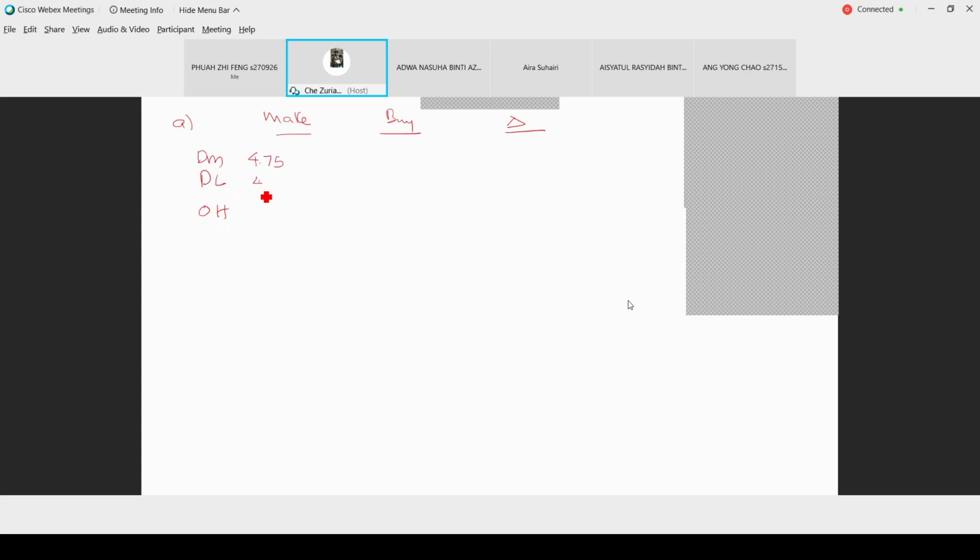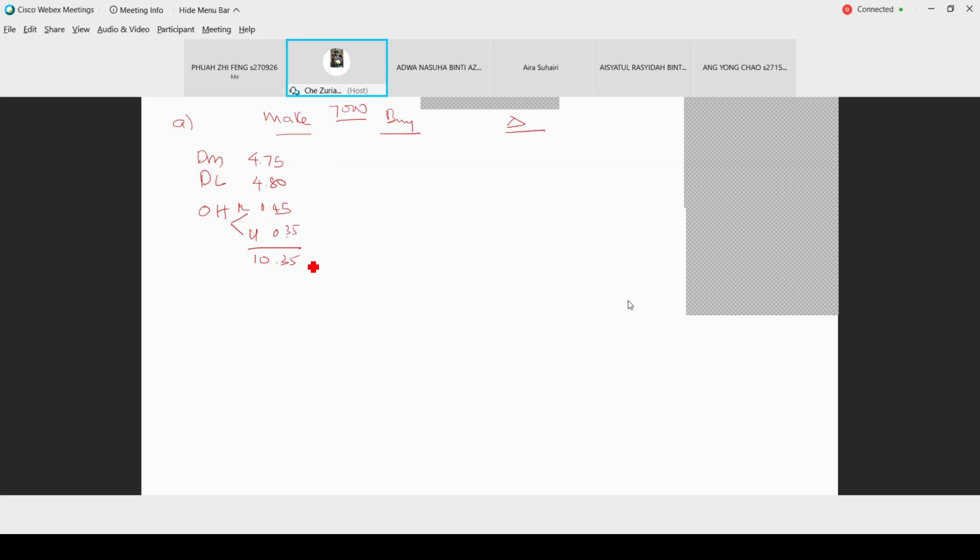Direct labor per unit is 4.8. Overhead ada 2. Indirect labor is 0.45, and one more, utility 0.35. So total variable cost is 10.35. So this one is for 7,000 unit lah.